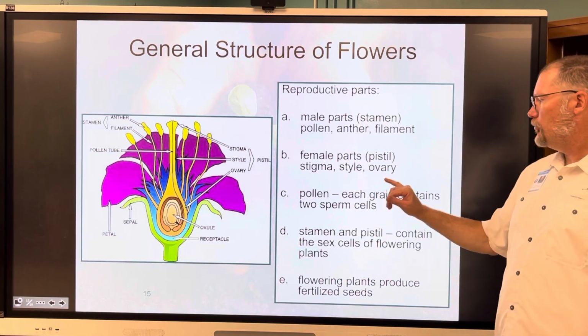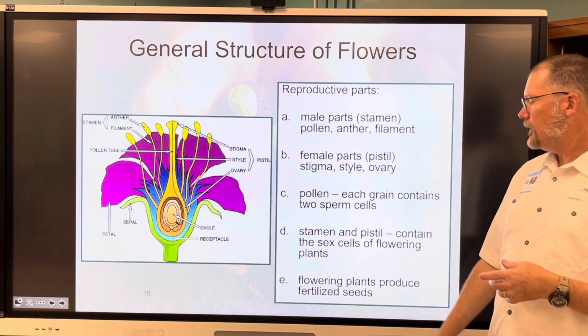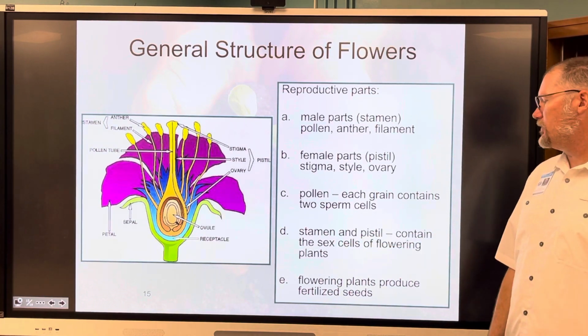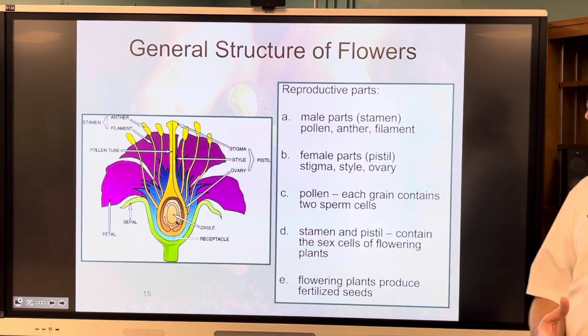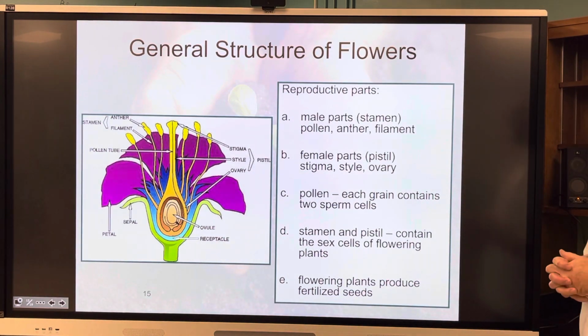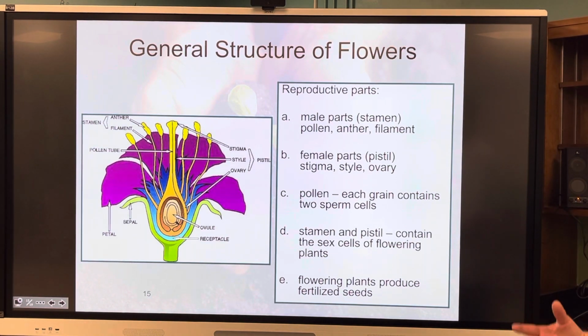So again, pollen, each grain contains 2 sperm cells. That's why they're so big. Stamen and pistil contain the sex cells of the flowering plants, and then flowering plants produce fertilized seeds. Only a fertilized seed will germinate and grow into a new plant.